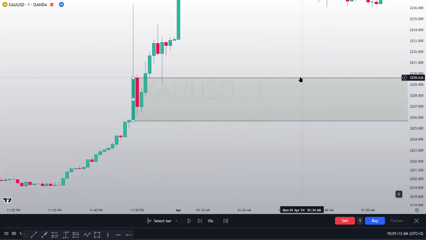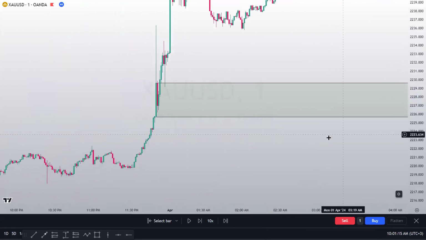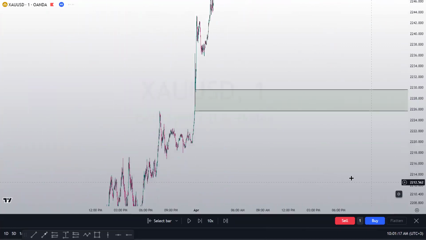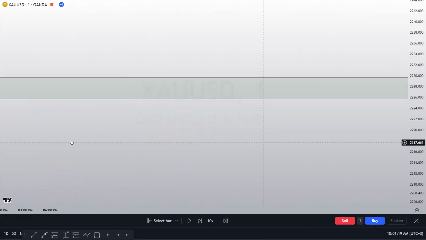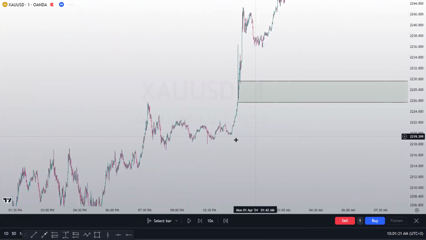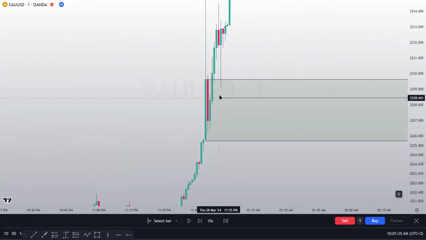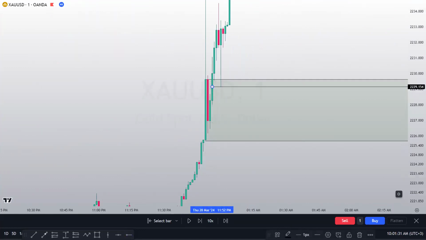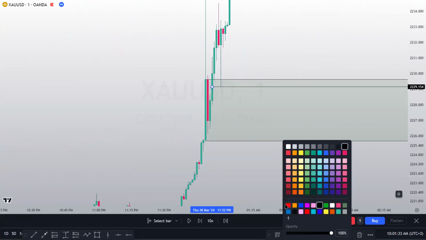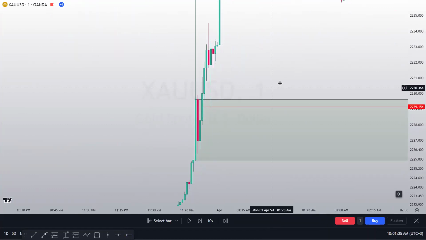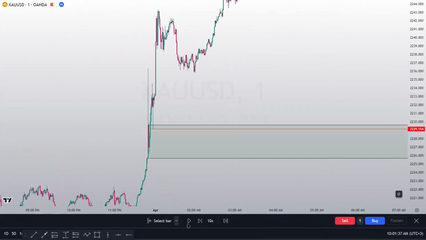So I came and marked my entry right below that previous area. I'll try to illustrate it clearly, or maybe let me use the horizontal ray. So the entry was marked from this particular point to this area where the liquidity is enough. I won't go deeper on the issue of liquidity consumption concepts, but that was the entry. Later on, the market came.